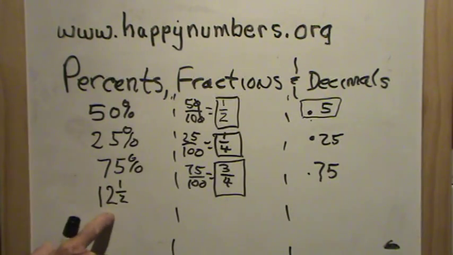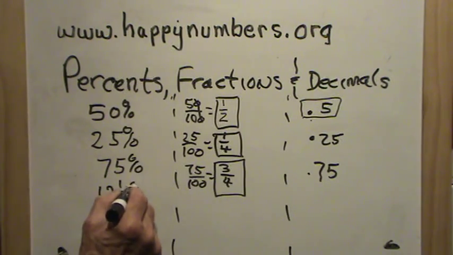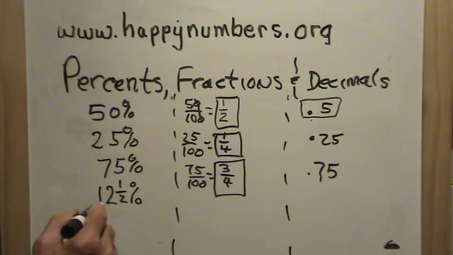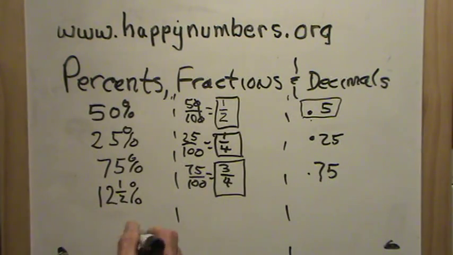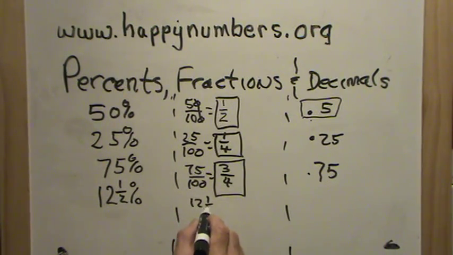Well, let's take this. 12 and 1/2 percent. Well, we can change this to its fraction form by dividing, because we put 12 and 1/2 over denominator 100. That's what that means, denominator 100.